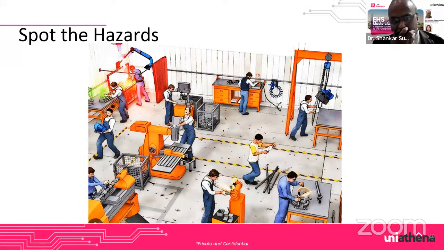Again, spot the hazards. You'll see this is a wrong way of cutting, wrong way of reading. You have the guys crossing the areas where the equipment can be traveling. They kept even the rods in the places. They're doing welding and other things without the glasses. They're shifting the load of the crane in an improper manner.